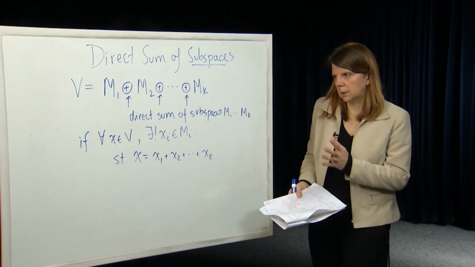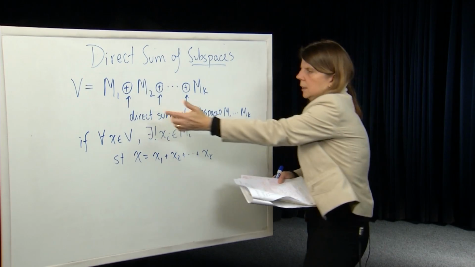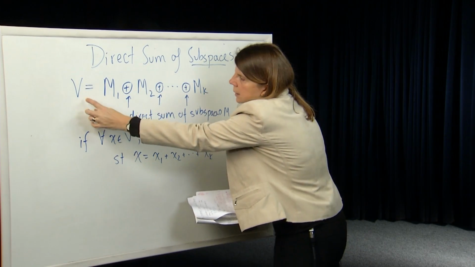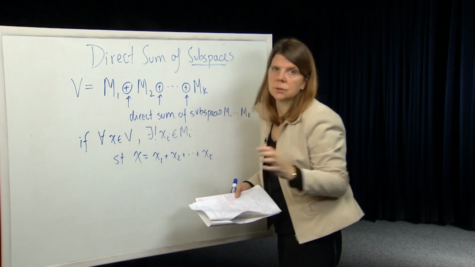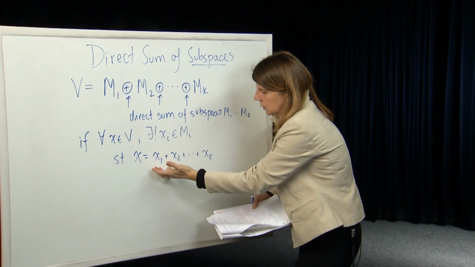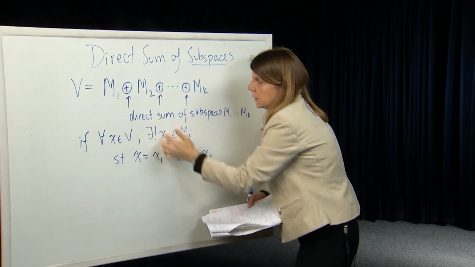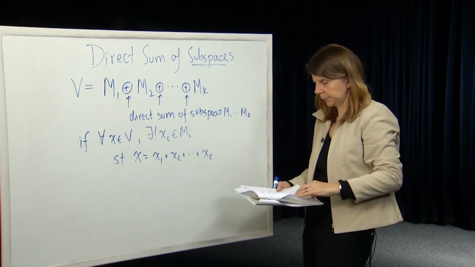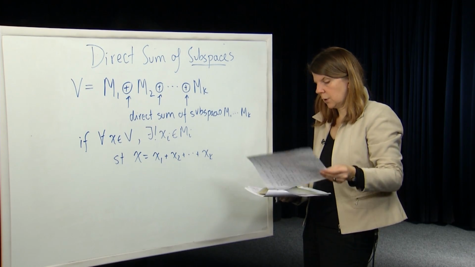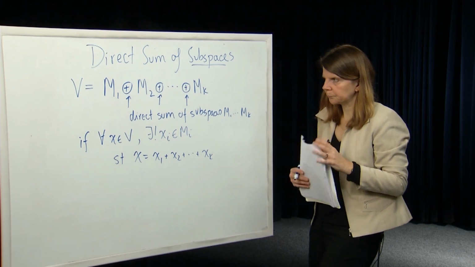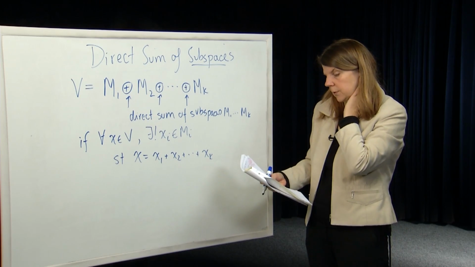Okay, so it's a little bit of a roundabout definition. We define direct sum in terms of the ability to take any vector in V and write it in a unique way in terms of elements from each of the individual spaces. So from this definition, though, we can come up with some properties of the direct sum.